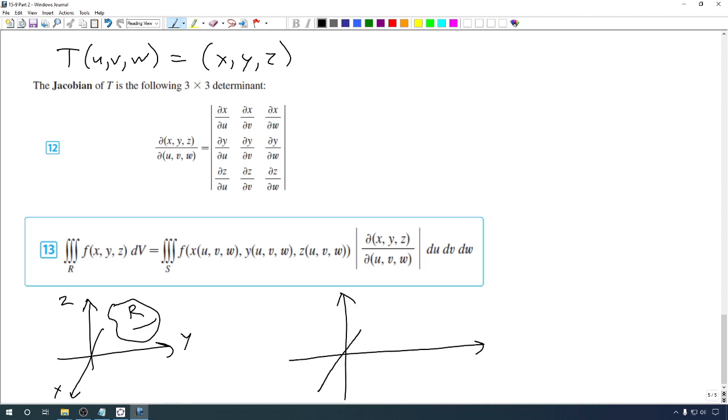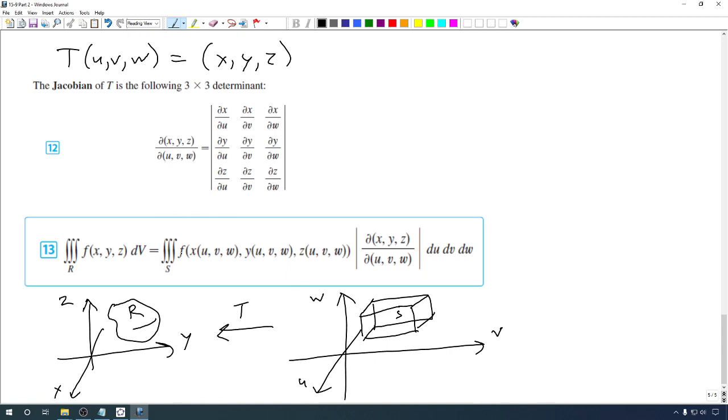Hopefully it's a little nicer. Let's just draw it as a box, maybe, in our UVW space. Technically, our transformation is going this direction. So we're wanting to integrate over this blob R in XYZ space. Instead, we get to integrate over S in UVW.